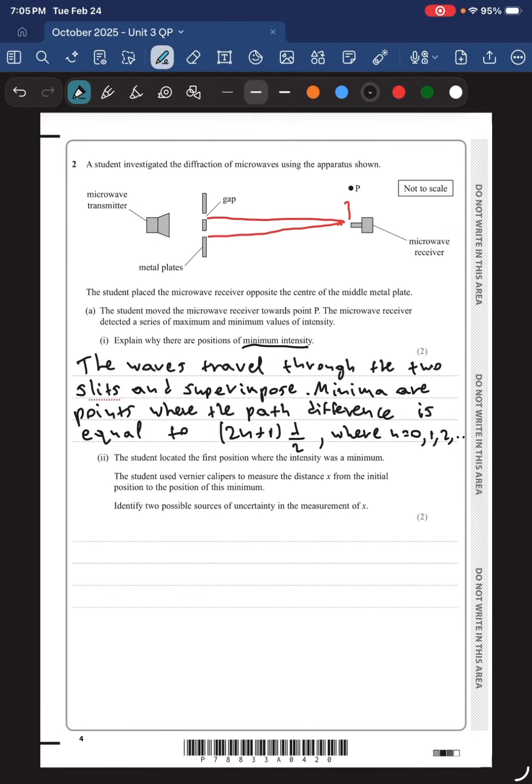Part 2. The student located the first position where the intensity was a minimum. The student used vernier calipers to measure the distance x from the initial position to the position of this minimum.